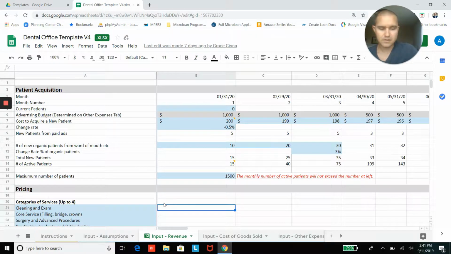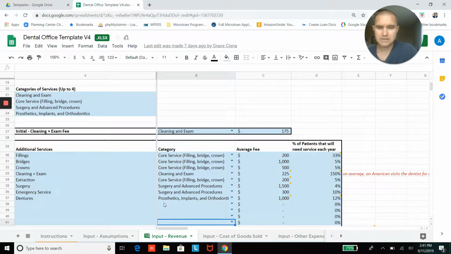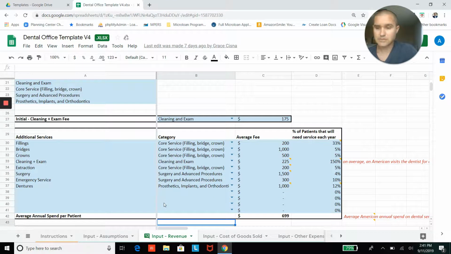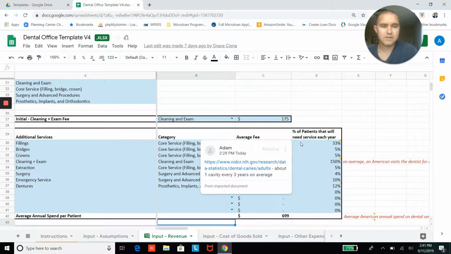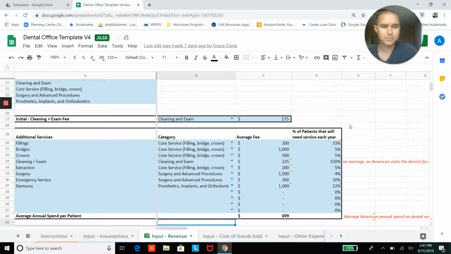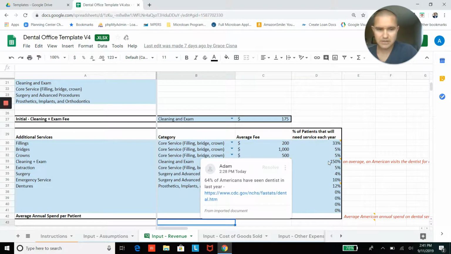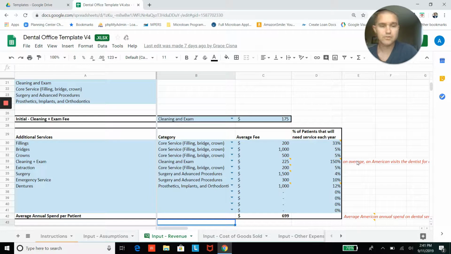From there, we're going to look at your different services. So you'll be able to enter in various different services that you have, categorize those services, put in your average fee, and then what percentage of your patient base will need each service in a given year. So for an example, you'll notice on cleaning and exam here, we have 150%.